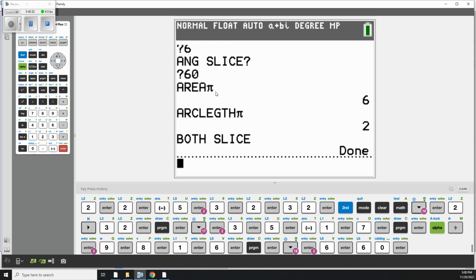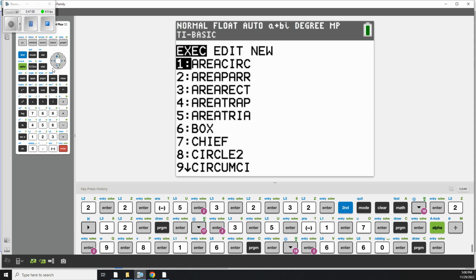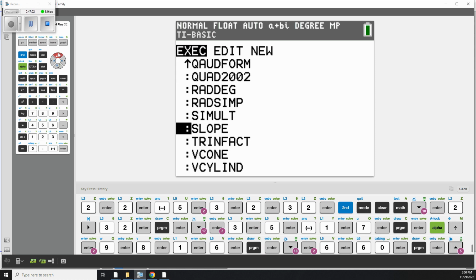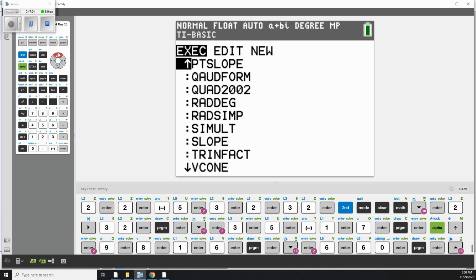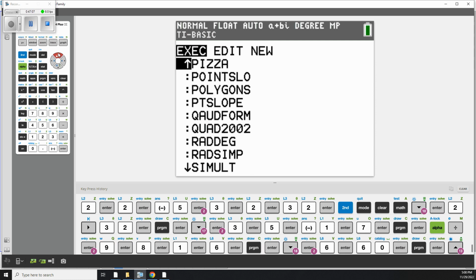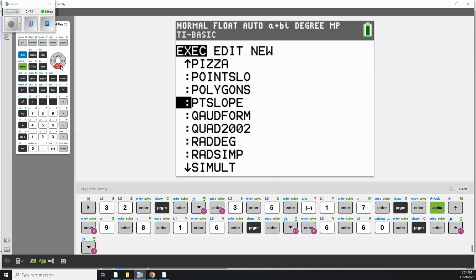Then the area is 6 pi and the arc length is 2 pi. Again, all stuff that it does. Don't worry about the next few. Go down to Quad 2002.